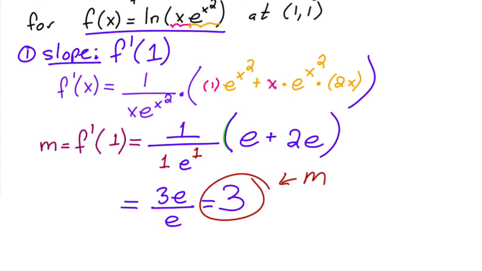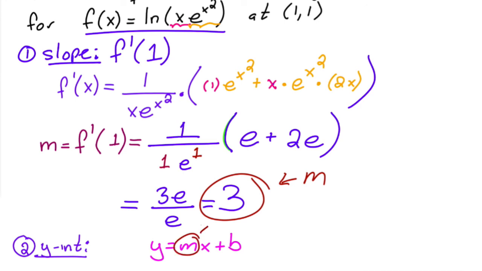So now the second step is to find the y-intercept, and that's not too difficult. Remember, you always do this the same way. You have y equals mx plus b. You plug in your slope, which is 3. You plug in your x value, which is 1.